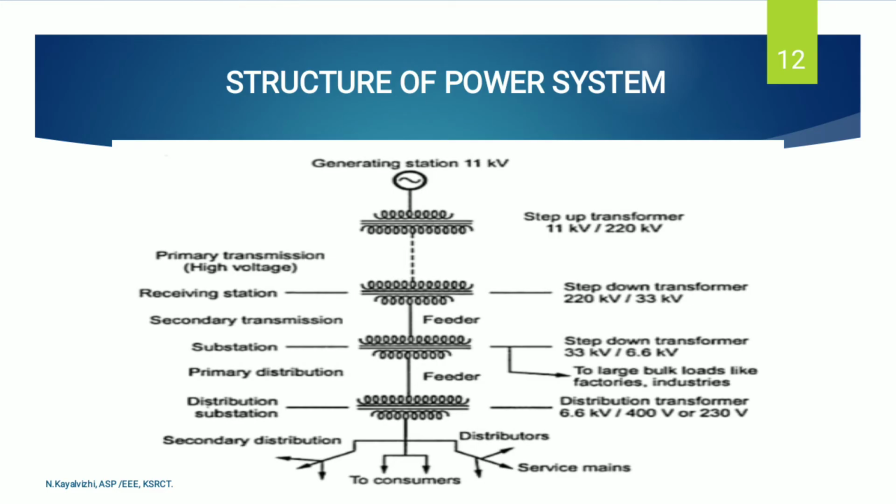Again it is stepped down for primary distribution, by the distribution transformer from 6.6 kV to 400 volts for three phase, or 230 volts for single phase. The secondary distribution then takes it to all the consumers at the service mains with the help of distributors.